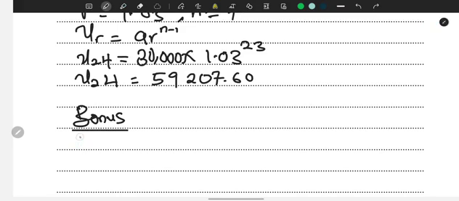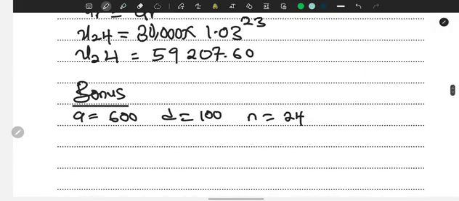Now the first term here is 600, so this increases by 100, so we take common difference to be 100. Okay, so we are looking for the end of the 24th term, so we take n to be 24. So here we make use of AP, where you have Cn equals a plus (n minus 1)d.